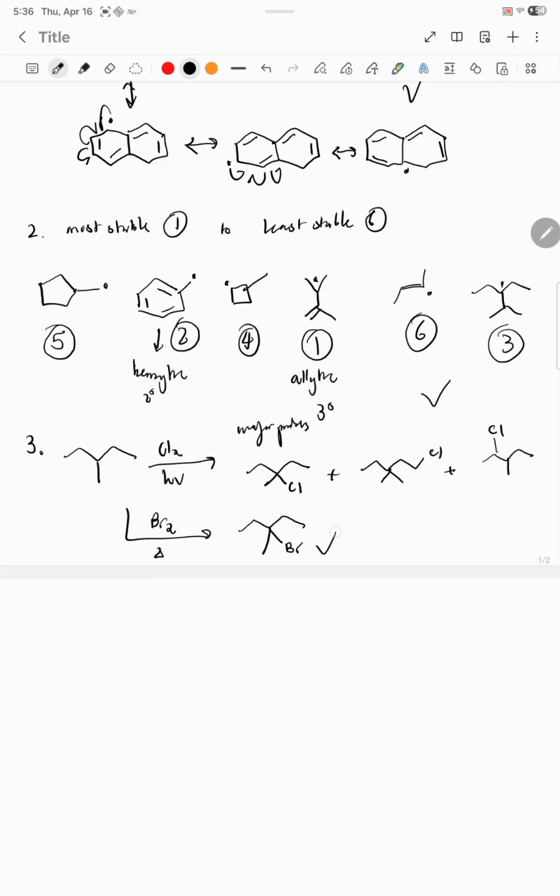Alright, yep, this is correct here, but we're missing one for chlorine. For here, it seems like we also get something. We also forgot this carbon. So, forgot this part. So then, if we did so, we should get that. Chlorination is not selective because it's exothermic, unlike bromination under radical conditions.